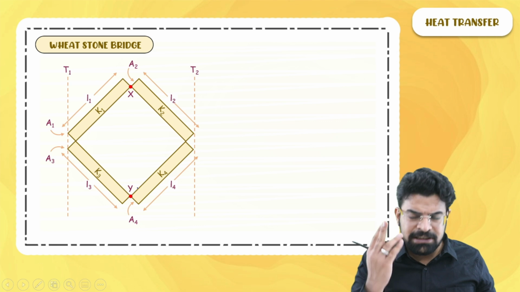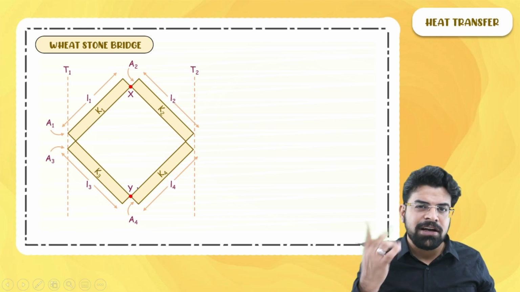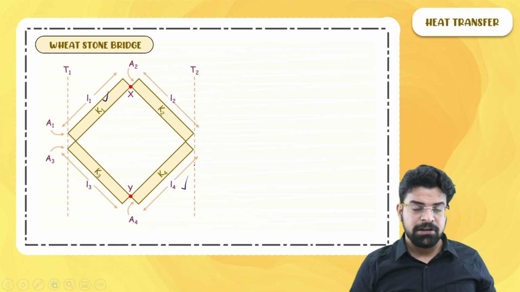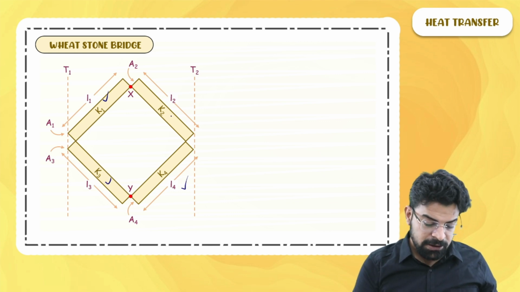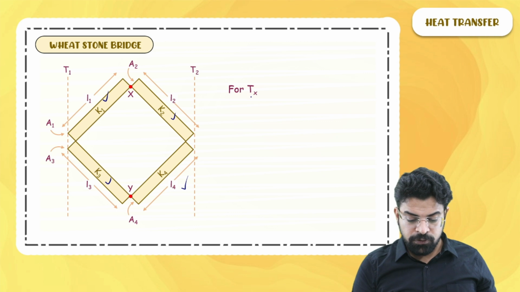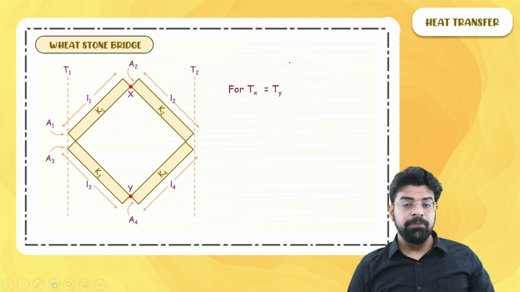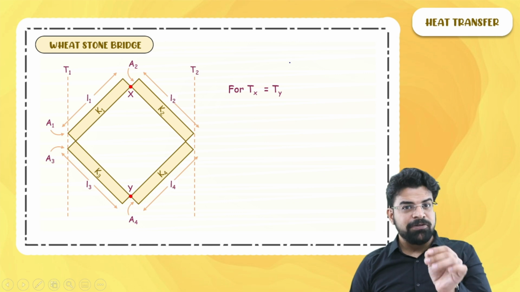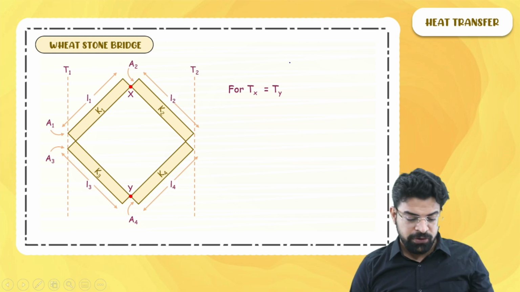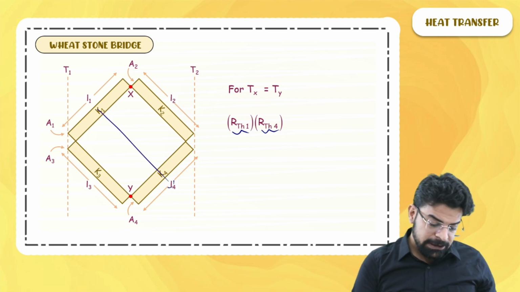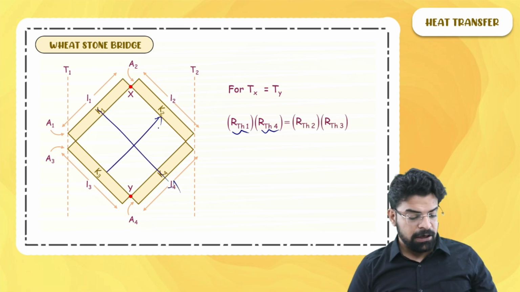You will say, sir, the same condition as in the case of current electricity. R thermal 1 into R thermal 4 has to be equal to R thermal 3 into R thermal 2.